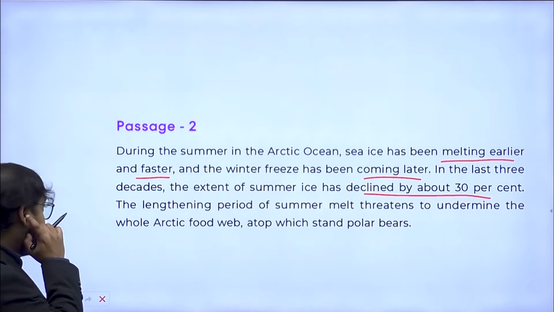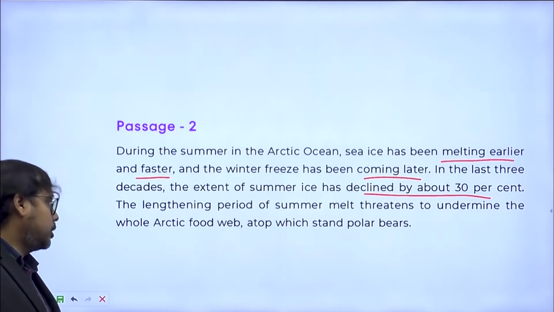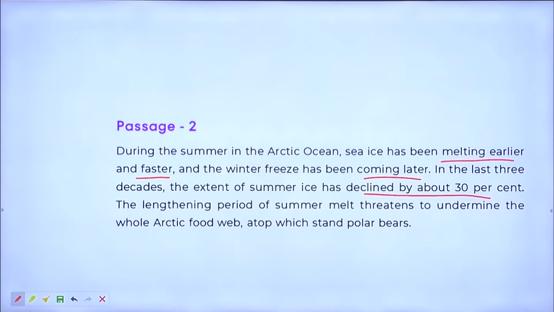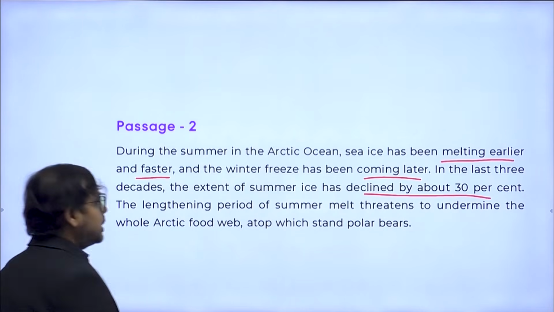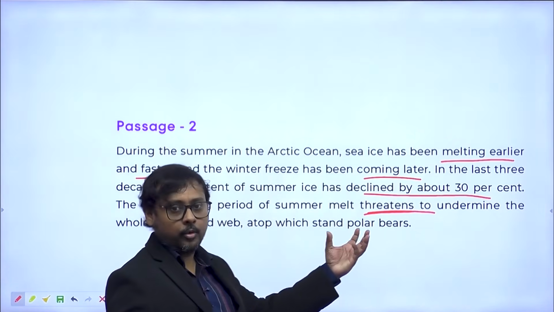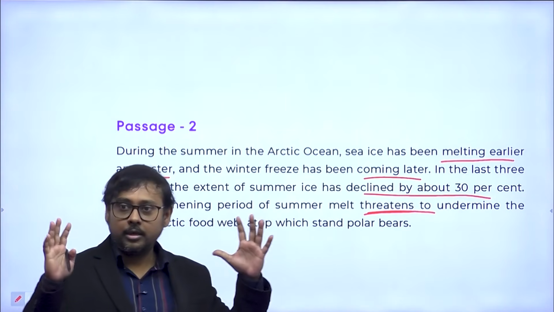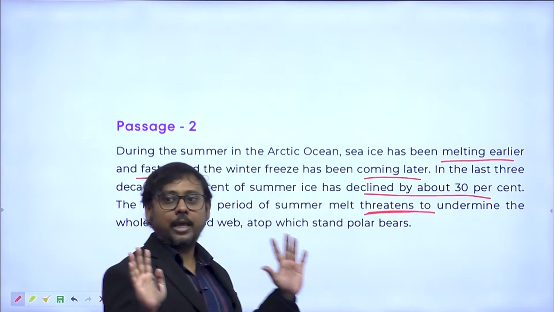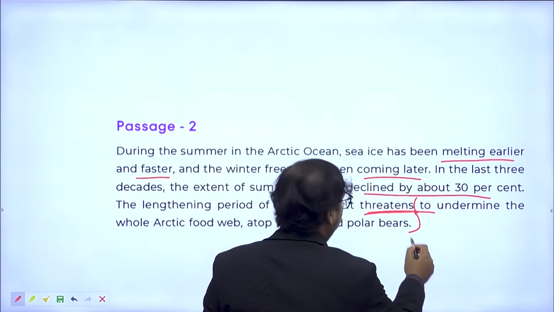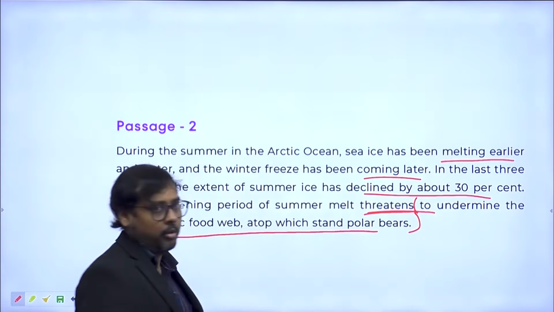The lengthening period of summer melt threatens to undermine the whole Arctic food web, atop which stand polar bears. Right. Threatens to, and this is a very strong emotive word. And whatever message comes after this emotive word, अब मान लो कि यही है, ठीक है, to undermine the Arctic food web atop which stand polar bears.